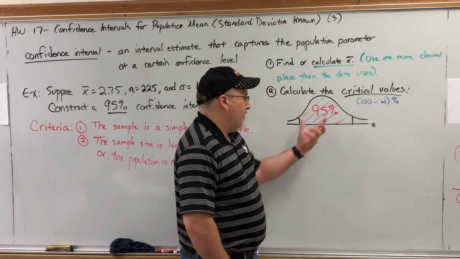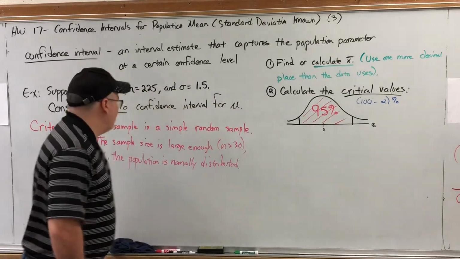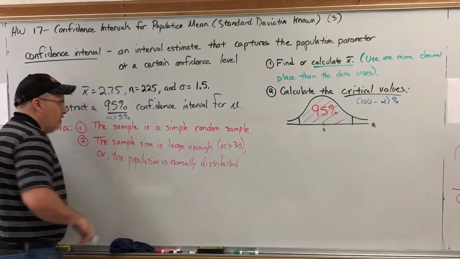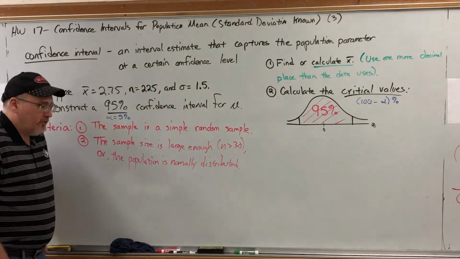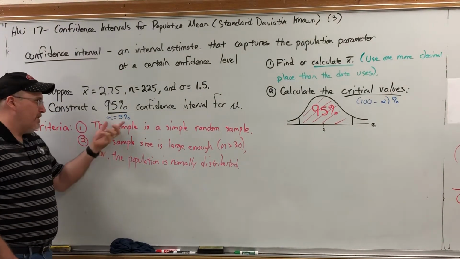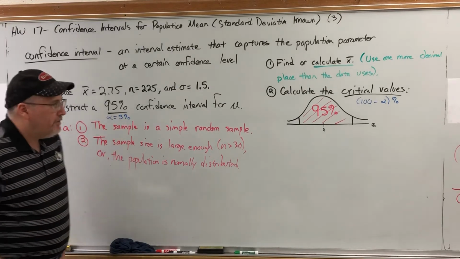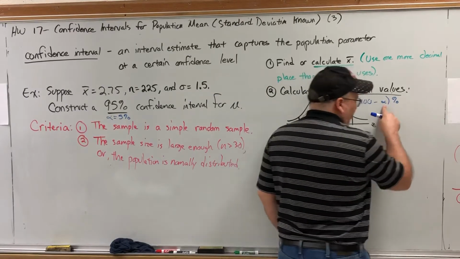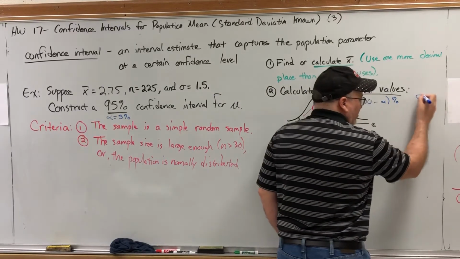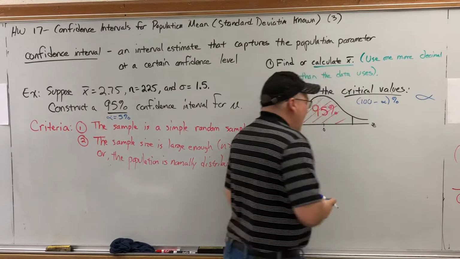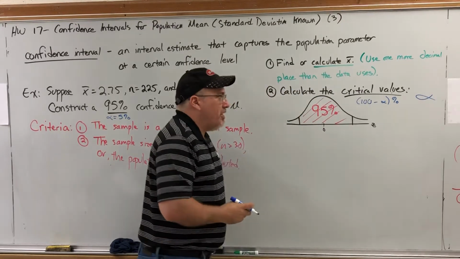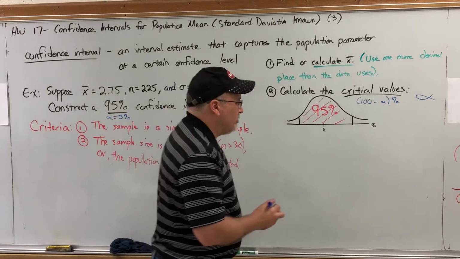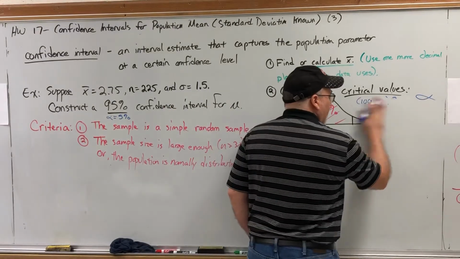So for example, if we had a 95% confidence level, that would mean that alpha equals 5%. When we get to the videos about hypothesis testing, this will be called the significance level. But the alpha, the lowercase Greek letter alpha, which looks like what some people call a Jesus fish, represents the unshaded area in a confidence interval. So in this case, our alpha would be 5%.